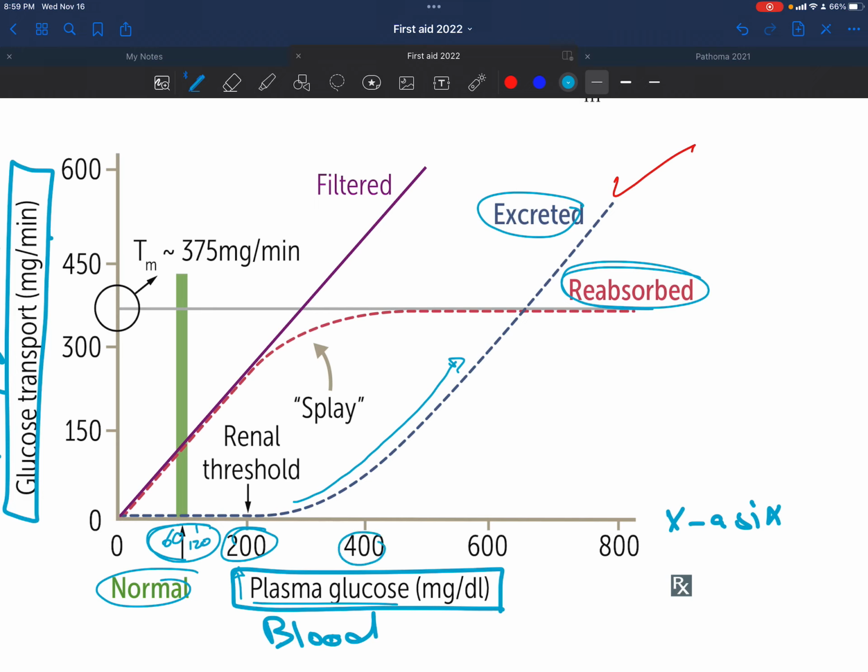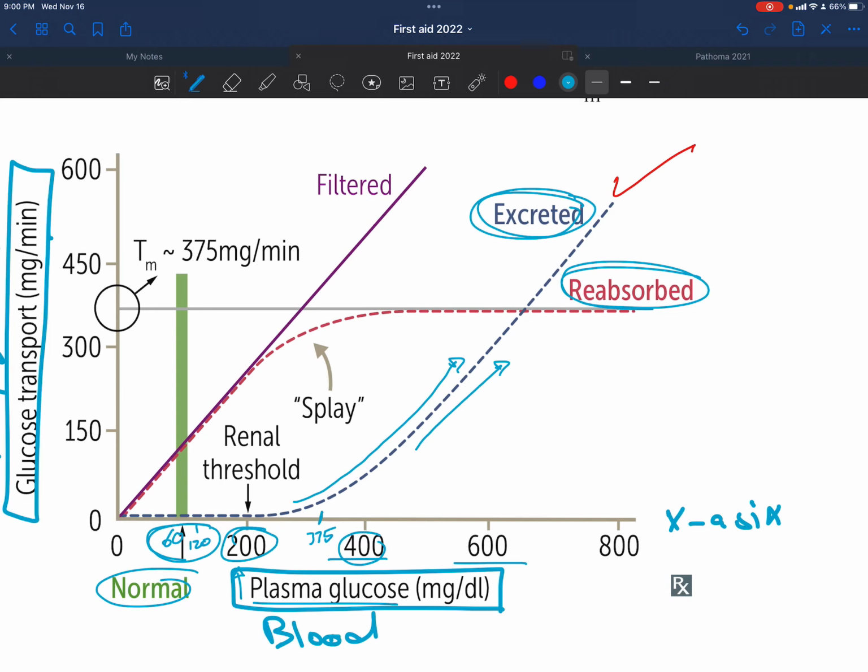So this patient has worse diabetes. So now he has a plasma glucose level of 400 or 600. That means we are going to see much more glucose being excreted in the urine, which is abnormal. And that continues until we get to a plasma glucose level of 375, which means all of the transporters are now fully saturated.